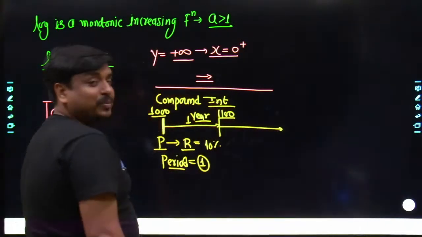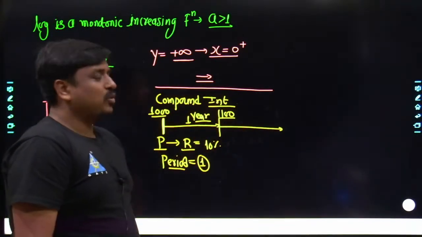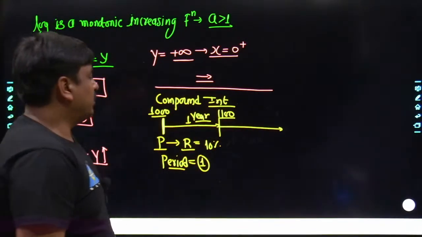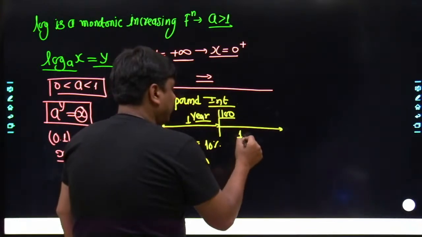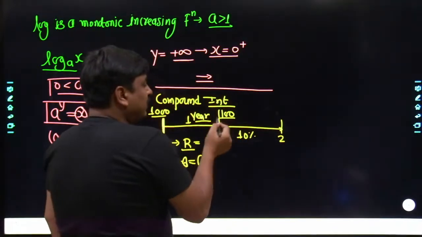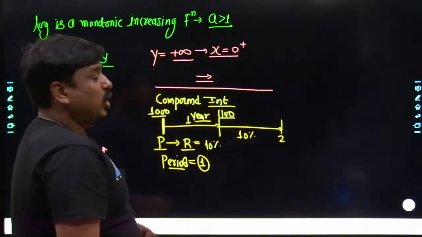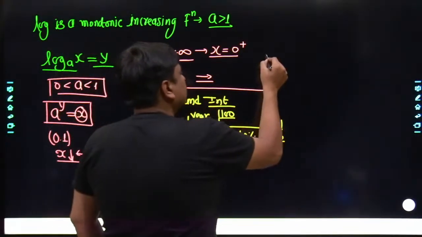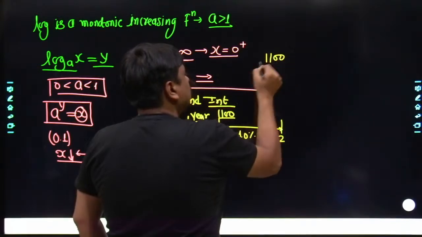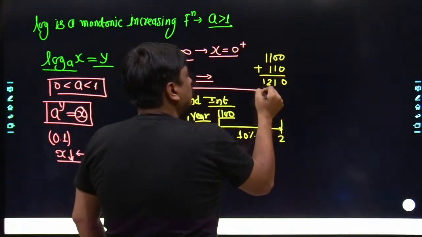And as it is compound interest, from the first year onwards the principal amount would become 1100, and again the 10% has to get added. So after the end of 2 years, this 1100 would get added with how much? 110. So 1100 plus 110 would become 1210.